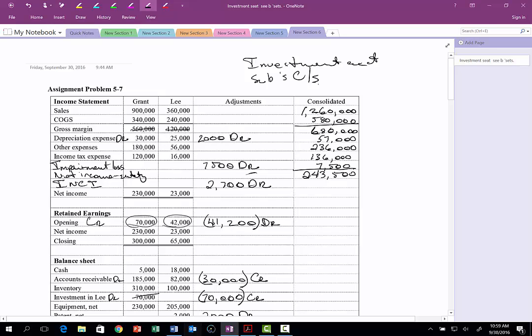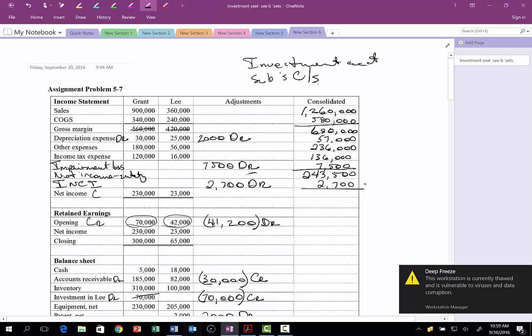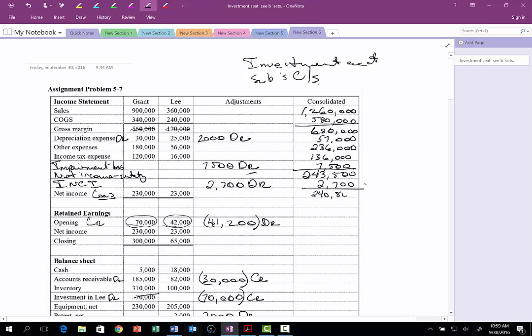Then we have this NCI is a $2,700 debit that will come out of it. Remember, this is technically now in a credit position. This is in a debit position. So the portion of net income that goes to the NCI is $2,700, which means what's left over for consolidated net income is in fact $240,800.